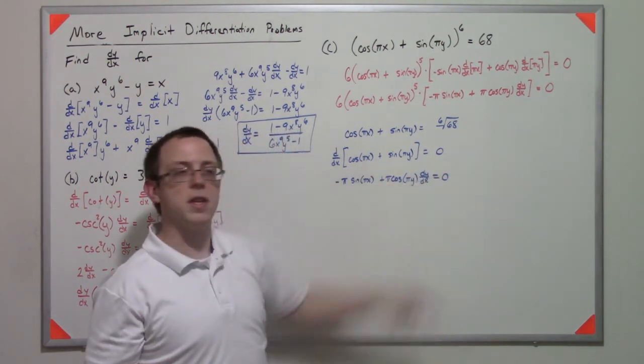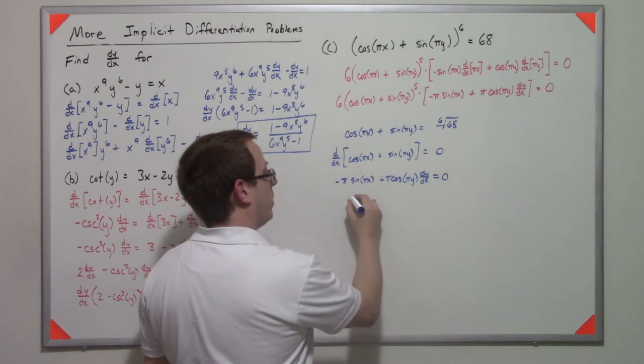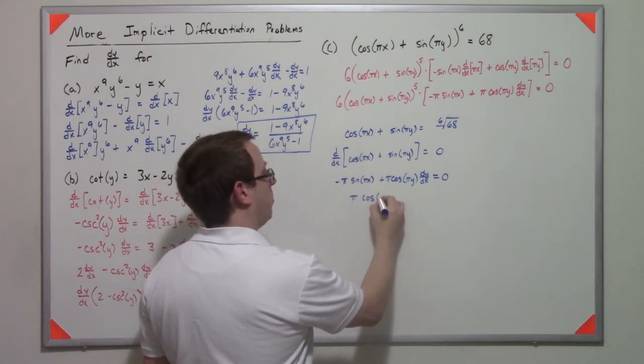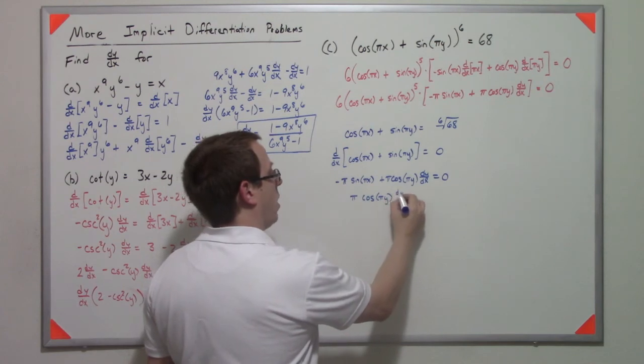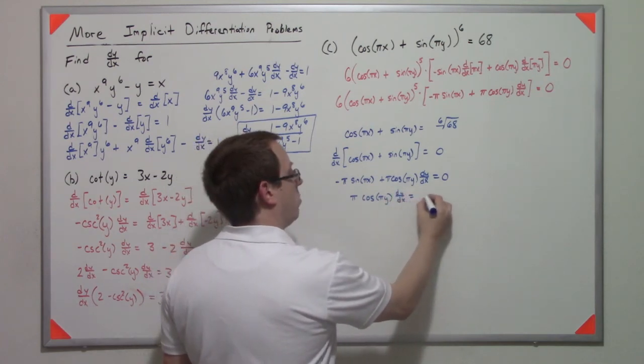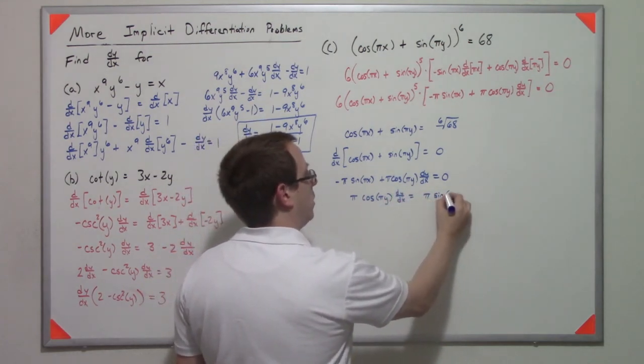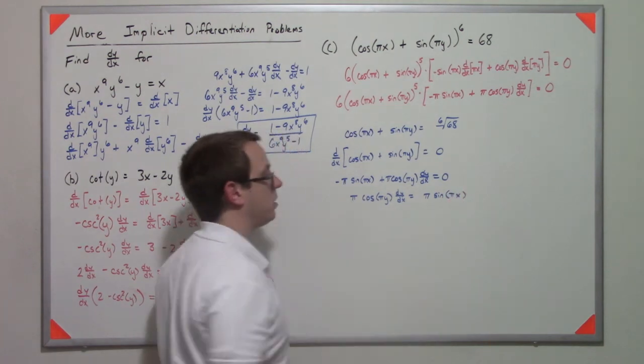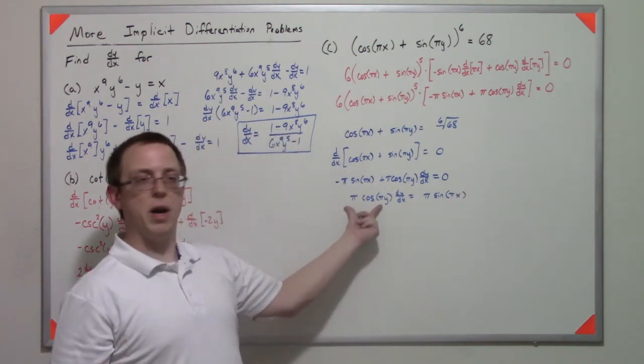So let's move the sine term over here. We end up with pi cosine pi y dy dx equals pi sine pi x. Then we divide by this term.